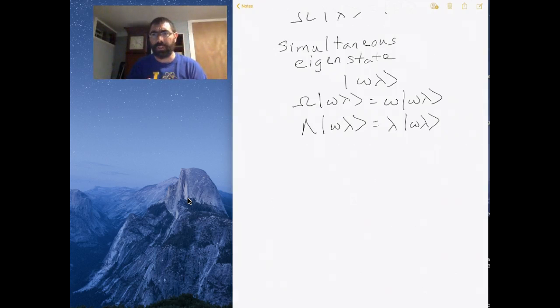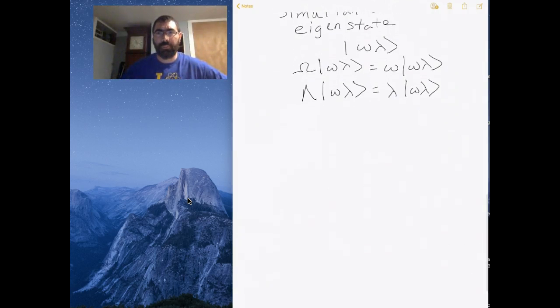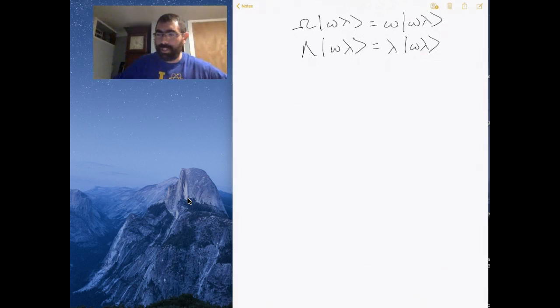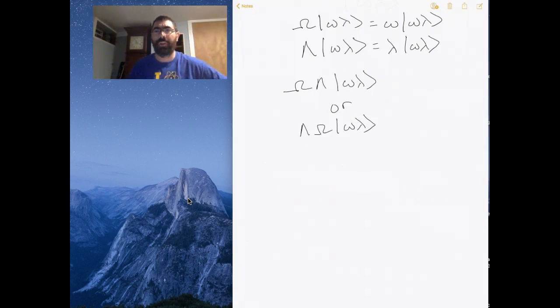Now I'm not going to get the null result. I'm not going to get a 0, and the order is now possibly going to matter. There may be a difference between lambda operating and then omega, or omega operating first and then the operator lambda.